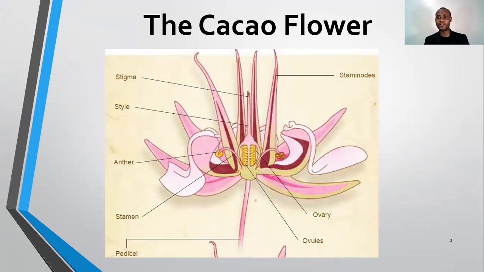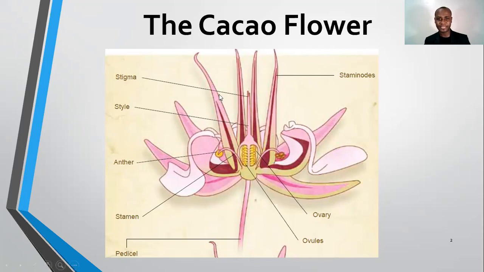If you want to use artificial pollination, you really need to understand the nature of the flower. Like I said, we have the staminodes over here. The staminodes are like male structures, but they don't produce pollen.